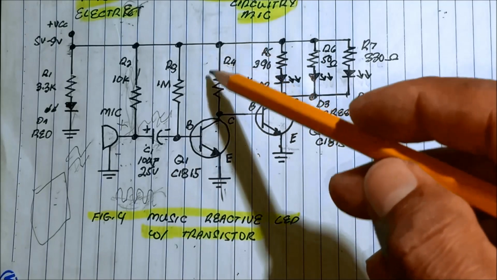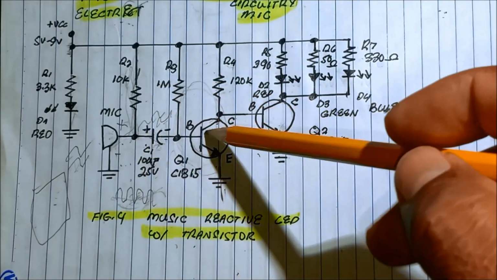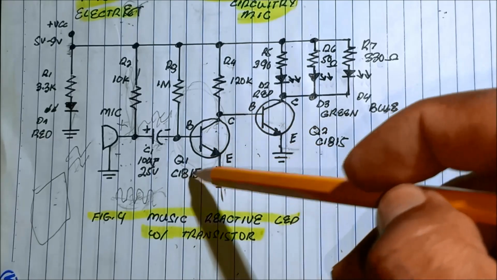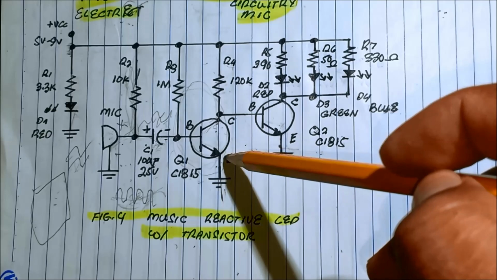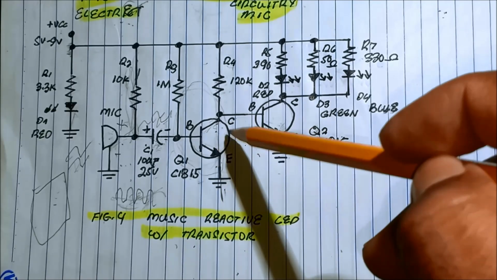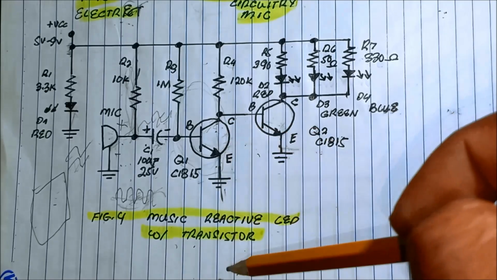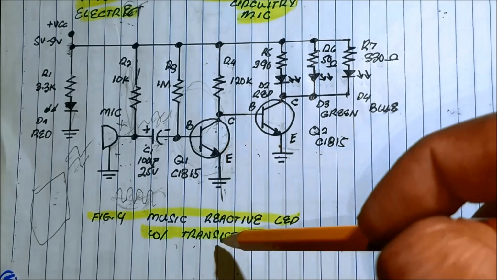And then we have the transistor. What's the use of this transistor? C1815 NPN type transistor, BJT. This serves as an amplifier that operates in the linear region.